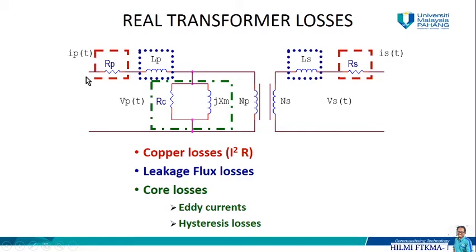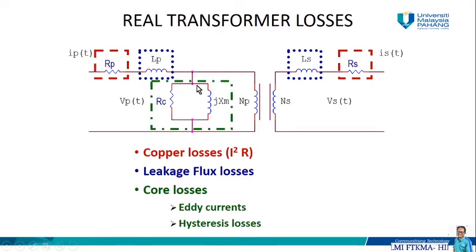So in the primary circuit, the copper losses, caused by the resistive characteristic of the copper wire, are given by Rp, the resistance of the primary. Then we have leakage flux, caused by the inductance Lp.